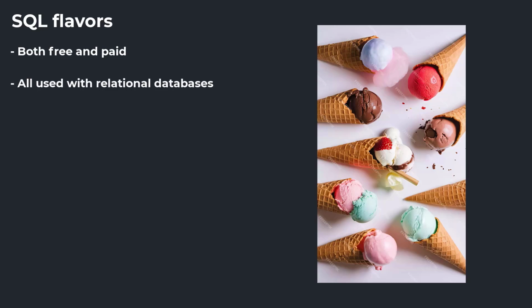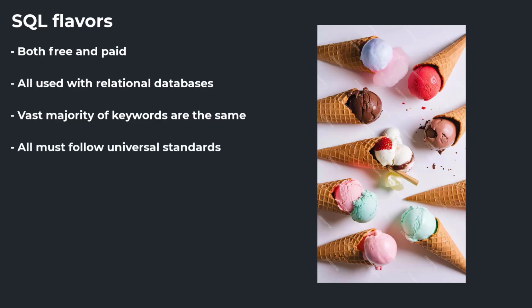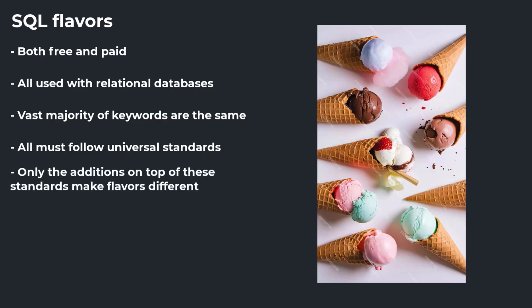All SQL flavors are used with table-based relational databases like the ones you've seen, and the vast majority of keywords are shared between them. In fact, all SQL flavors must follow universal standards set by the International Organization for Standards and the American National Standards Institute. Only additional features on top of these standards result in different SQL flavors.